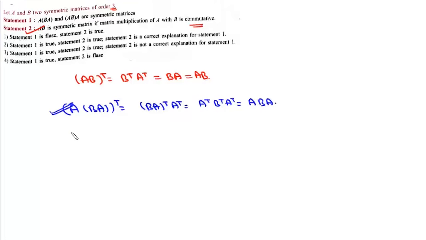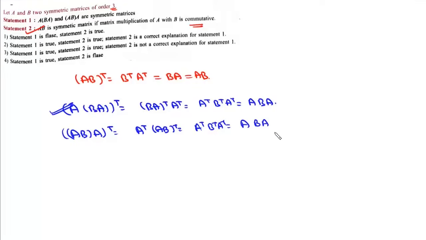In the same way, AB into A, its transpose will be A transpose into AB transpose, and there will be A transpose B transpose into A transpose, which again is ABA, and matrix multiplication is associative.